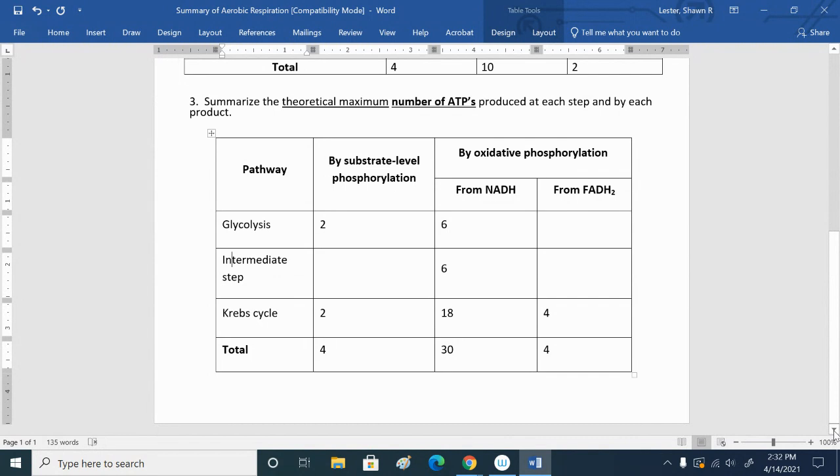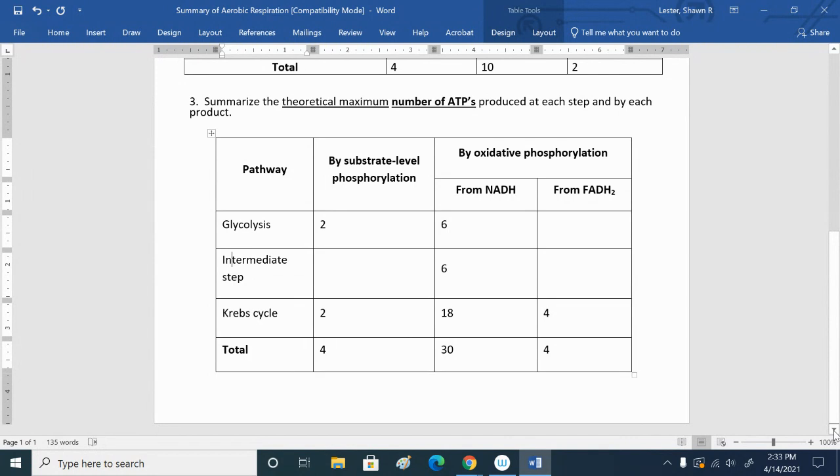Right, so remember, as the electrons are donated and transferred from complex to complex in the membrane, hydrogens get pumped across the membrane against their concentration gradient, where they accumulate in a high concentration.